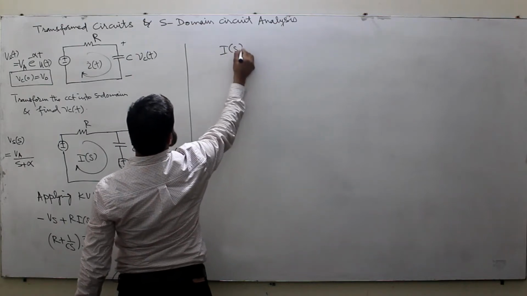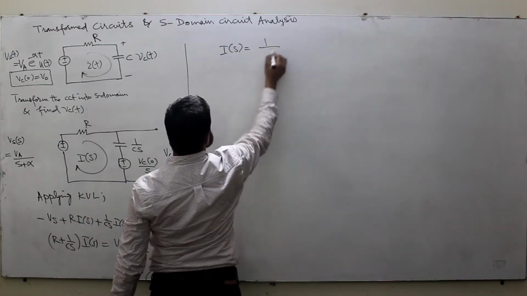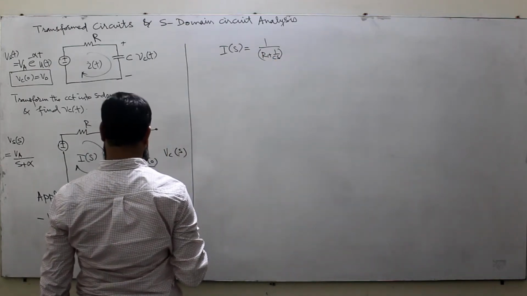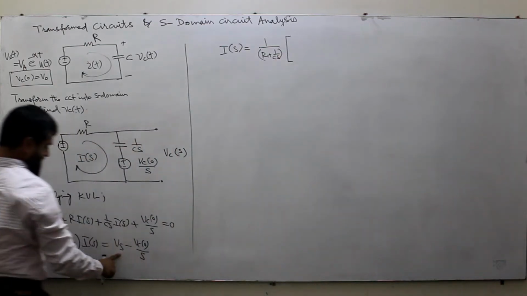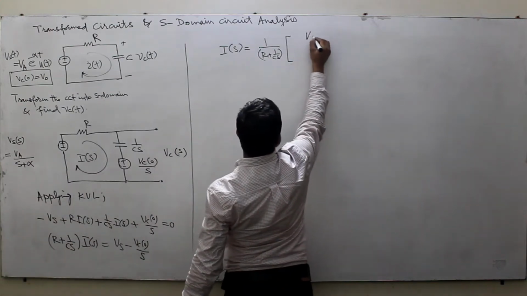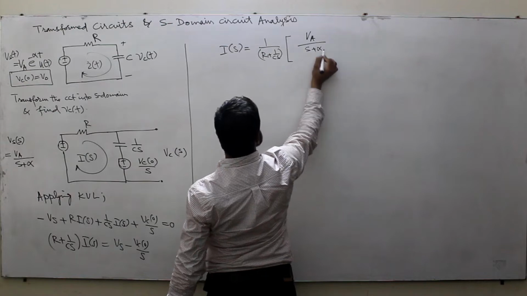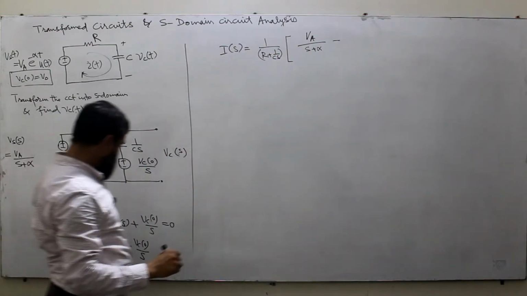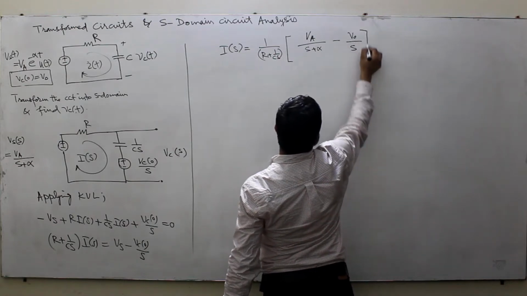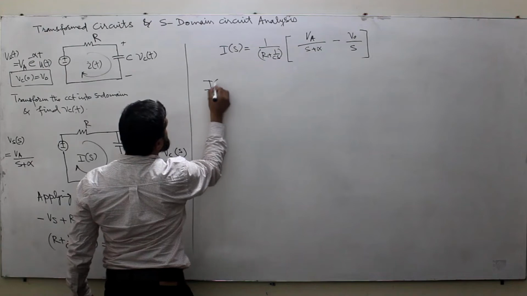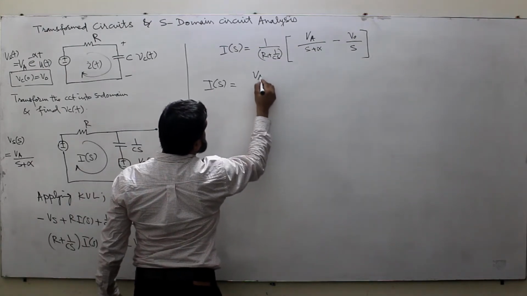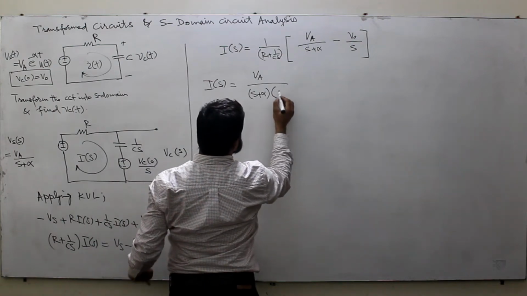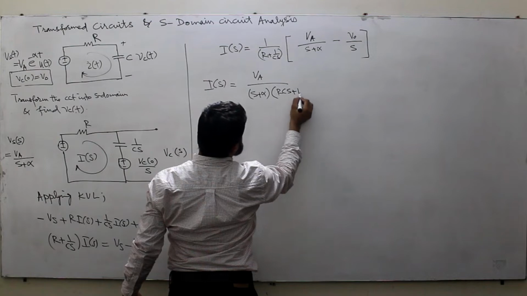So I of S is equal to 1 over R plus 1 over Cs into Vs, and for this Vs we can now replace Va divided by S plus alpha, minus Vc of 0 can be replaced with the initial condition value, which is V naught over S. So I of S is equal to Va divided by S plus alpha into RCS plus 1.